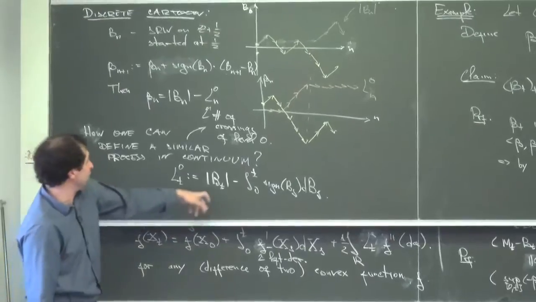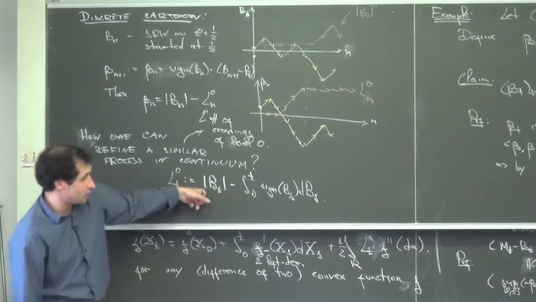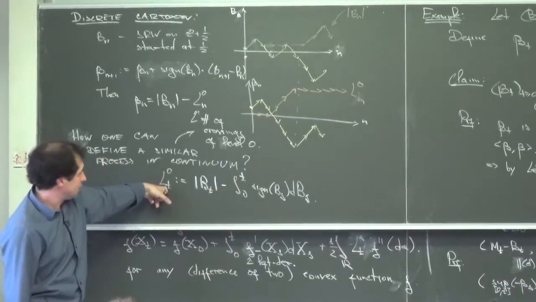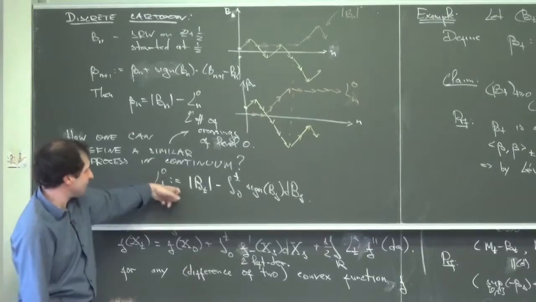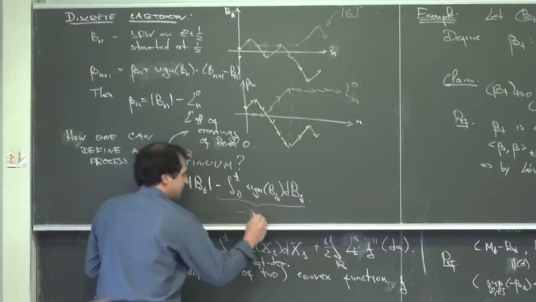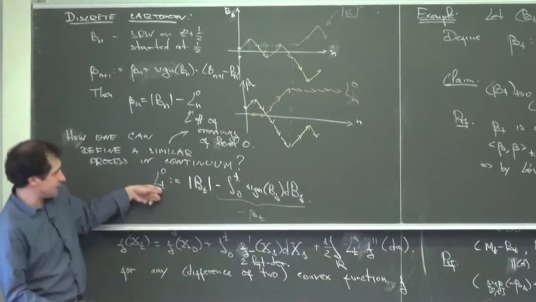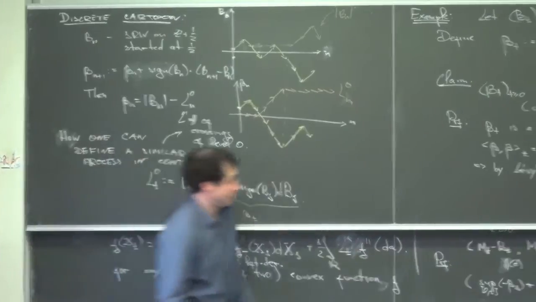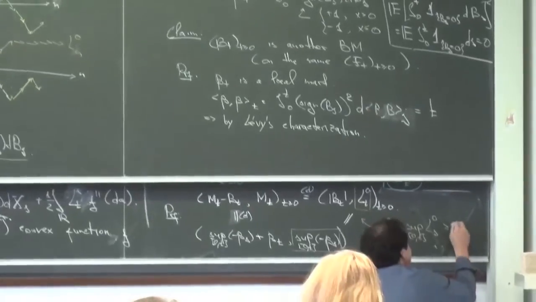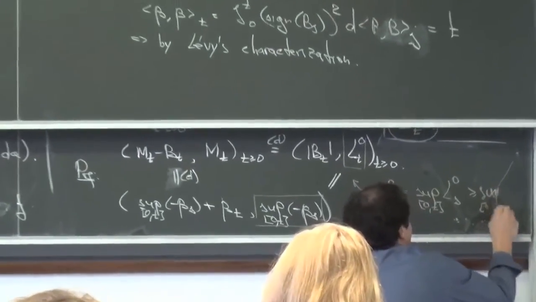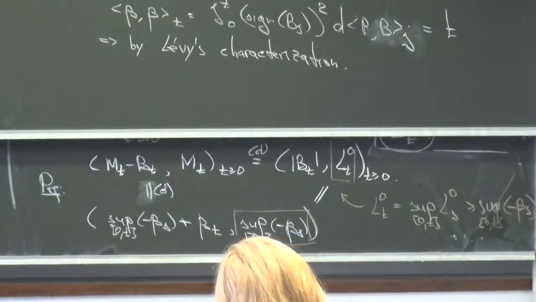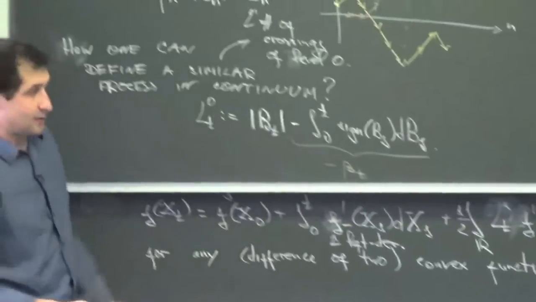For each particular time s, I know that L_s is greater or equal than minus B_s, right? So this is at least minus B_s, just because the difference of the two is something non-negative.